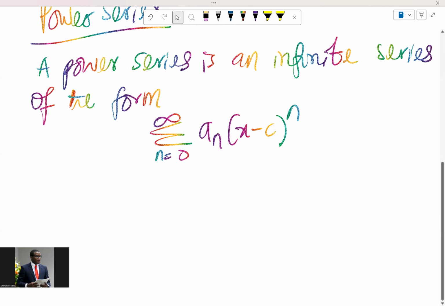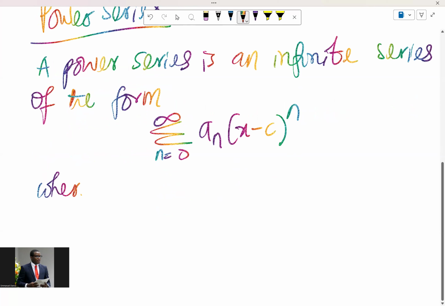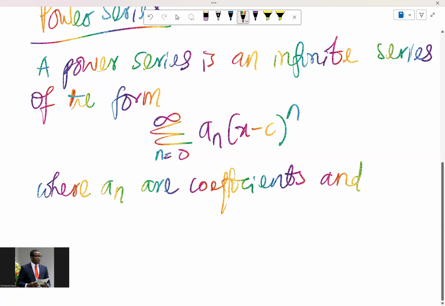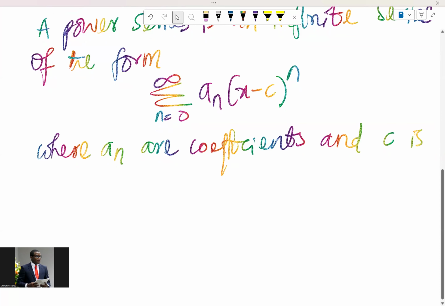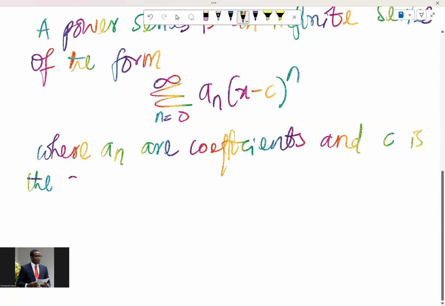So again, where a n are coefficients, and c is the center of the series.